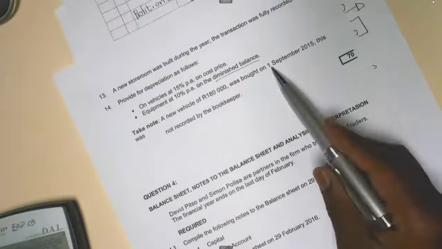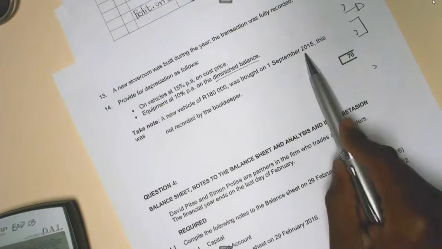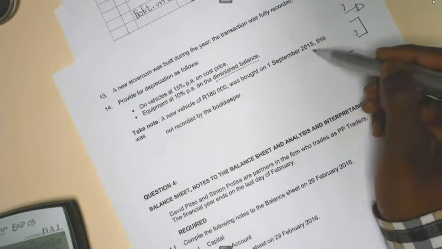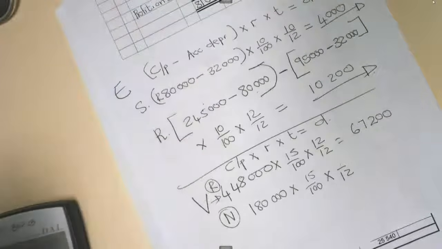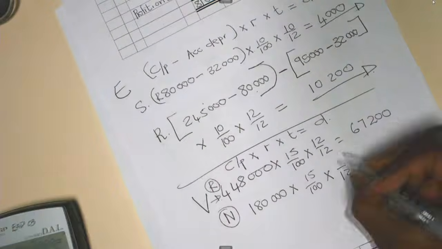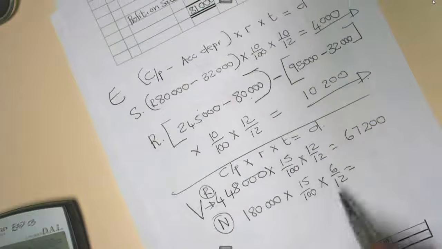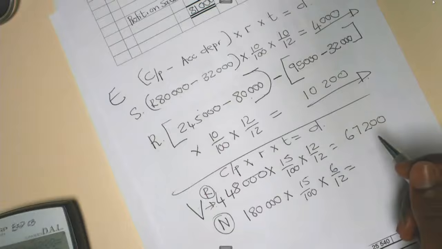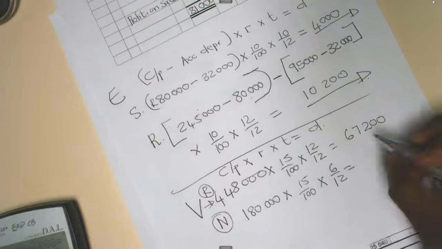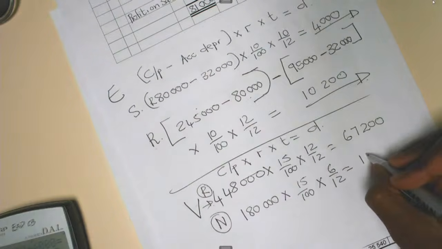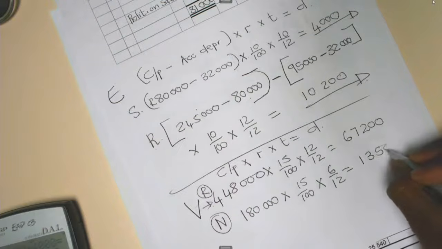They said it was bought on the 1st of September 2015, which means I now count from 1st September 2015 until the end of the financial year. And it should give us about 6 months, from 1st September till February. And when we work out this sum, it gives us the depreciation as 13,500.